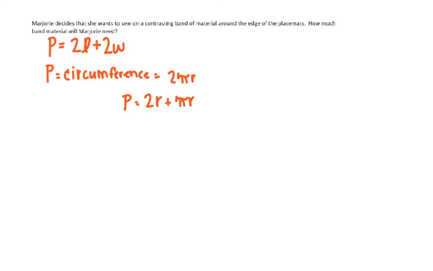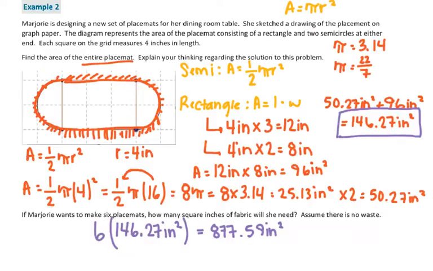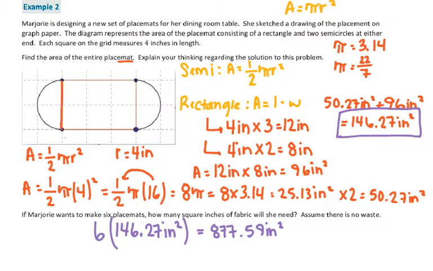Now, as we're finding the perimeter of these shapes together, I want to point out 2 things. Firstly, 2 of our shapes, actually 3 of our shapes, are sharing sides. So I want to point out this side right here and this side right here. So really, that has to be either the side of the semicircle or the side of the rectangle.